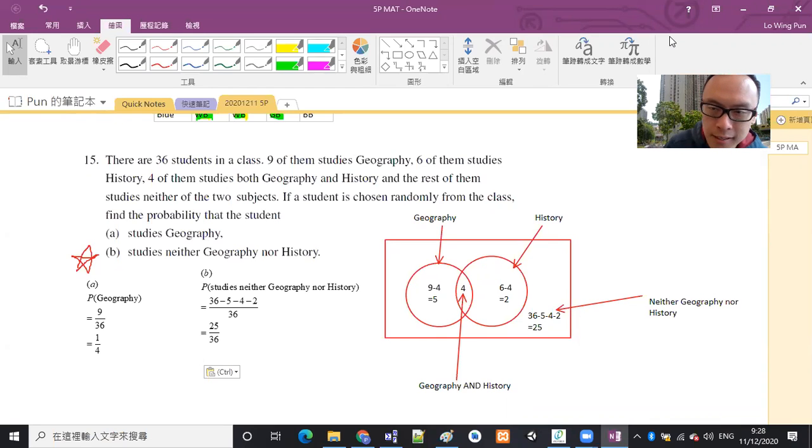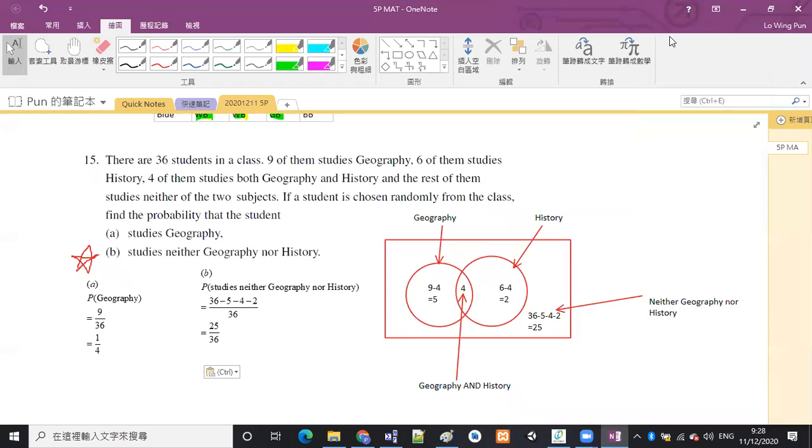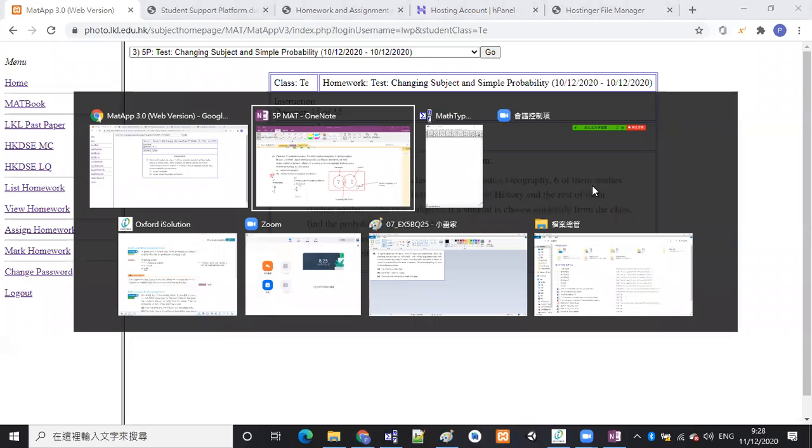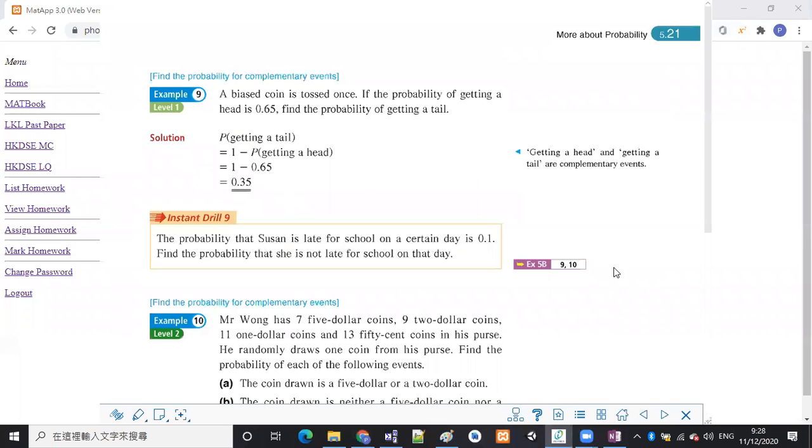If you do not understand any steps, so please raise your hand. Okay, thank you. Okay, so that's the end of the quiz. 有問題 the quiz. And then let's go back to the textbook.